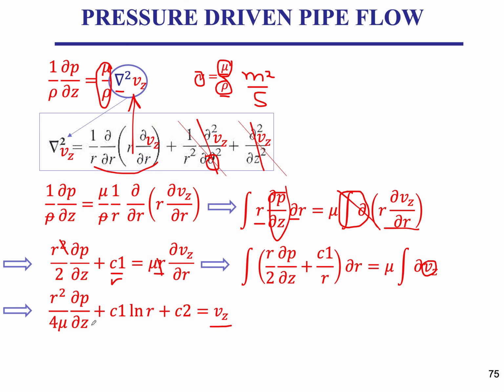So Vz will end up being a parabolic logarithmic equation. And now we have C1 and C2 as our constants of integration that we want to find through boundary conditions.